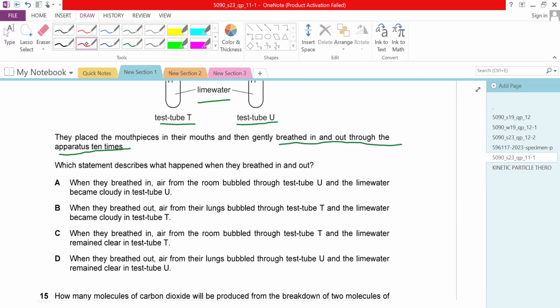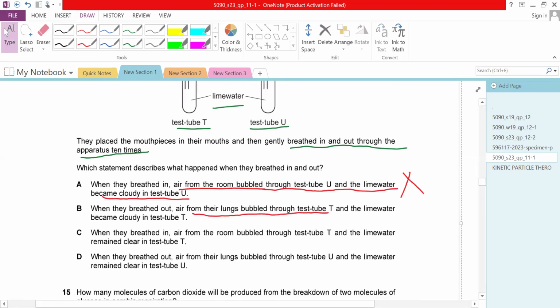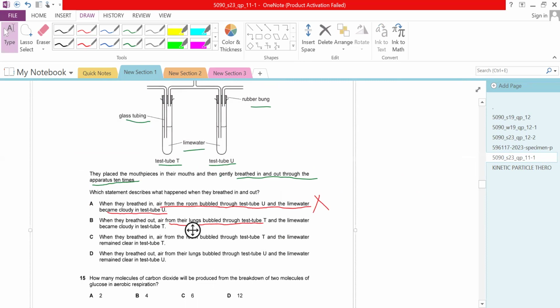So let's read out the statements. When they breathe in, air from the room bubbles through the tube U and the lime water becomes cloudy in tube U. No. When they breathe out, air from the lungs bubbles through the tube T and the lime water becomes cloudy in the tube T. I can show you the diagram too.